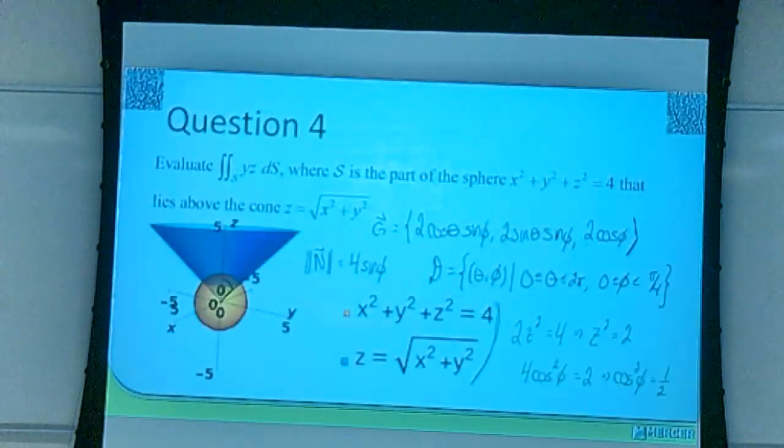Right? Y becomes 2 sine theta sine phi. Z becomes 2 cosine of phi. That's going to be what? 4 sine theta sine phi cosine phi, right?